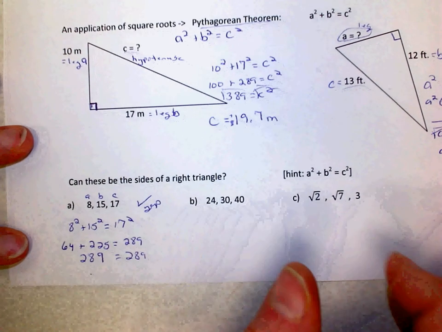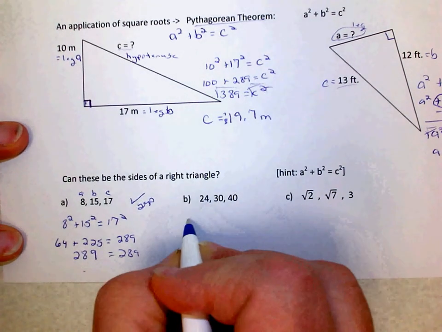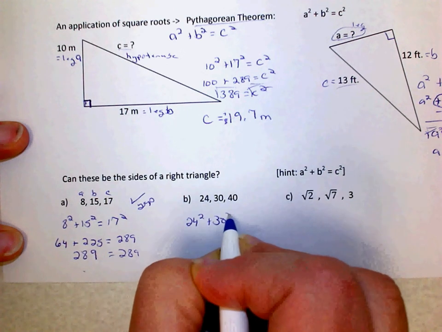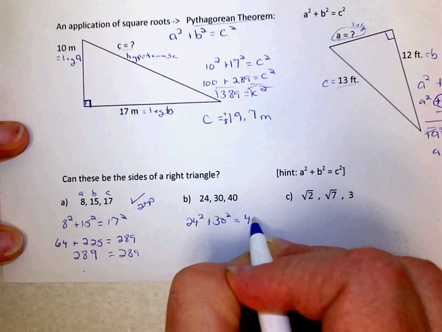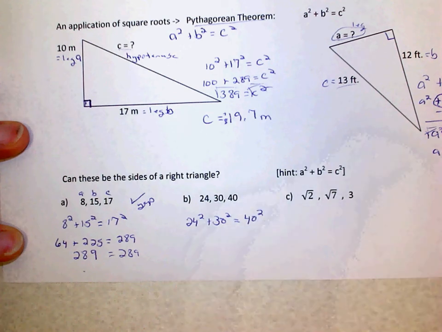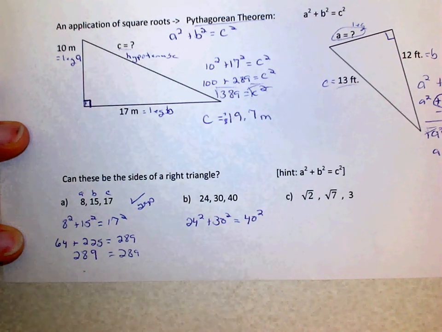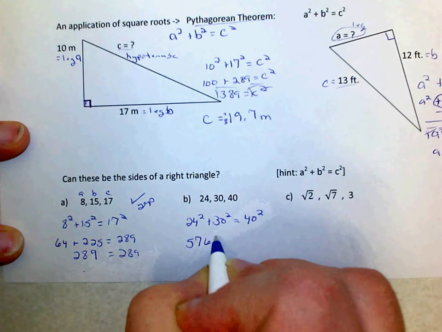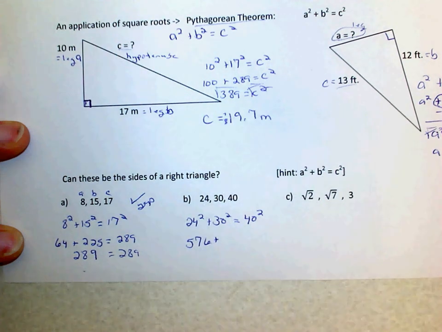So now we do 24 squared plus 30 squared, and is that equal to 40 squared? So 24 squared is 576, and 30 squared is 900.